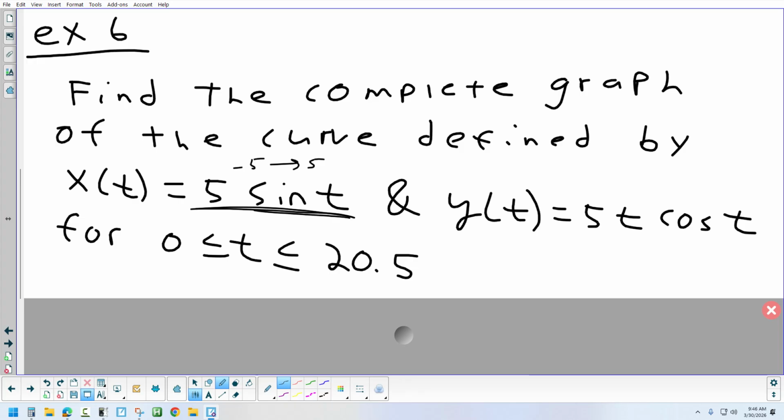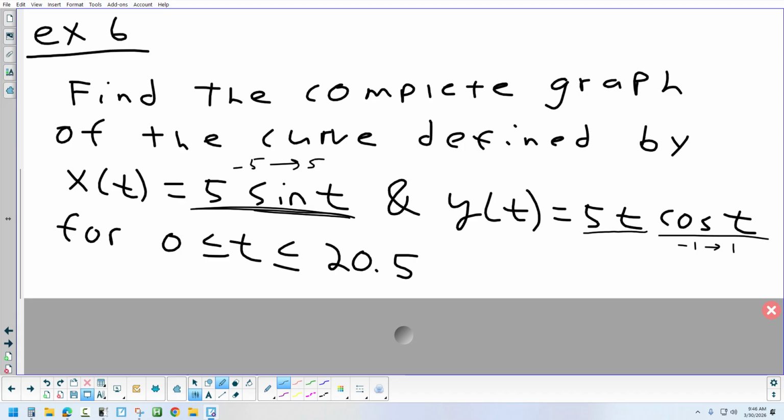But let's look at this part. Cosine is always between negative 1 and 1. Okay, so this part is between negative 1 and 1. How about this part? 5t. What's the biggest value that you could get there?